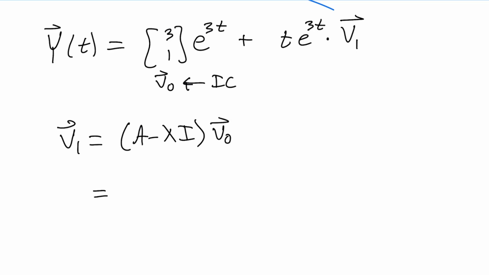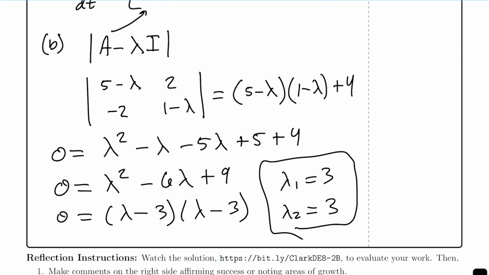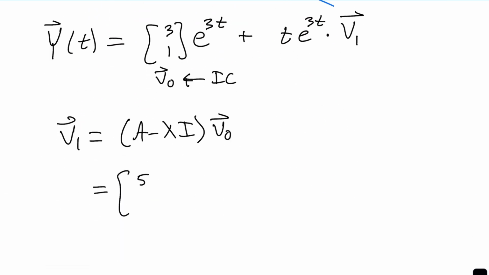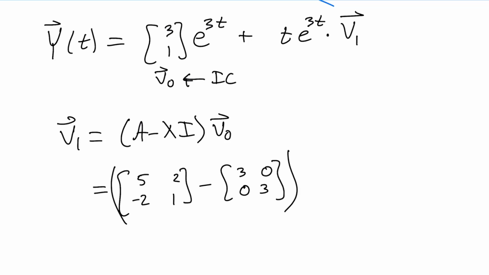In this case, the A matrix is 5, 2, negative 2, 1. The lambda I matrix would be 3, 0, 0, 3. And then the initial condition vector is (3, 1).